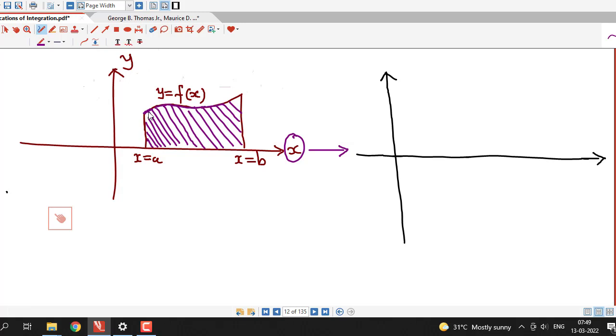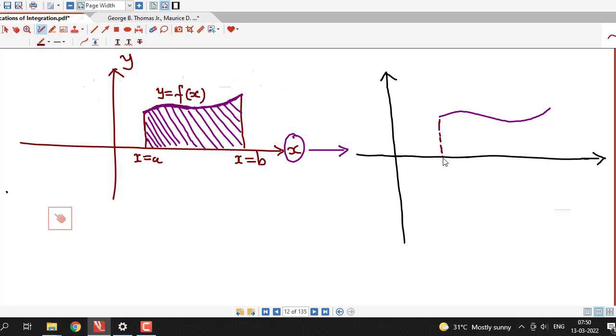We first keep in mind that we are rotating this plane region about x axis. So first we take the mirror image of this y equal to f(x) about x axis. So this is the y equal to f(x), and if we take mirror image of this about x axis, then we may have this type of picture, and then we can join these two. Let me be precise how it will look if we consider its reflection.